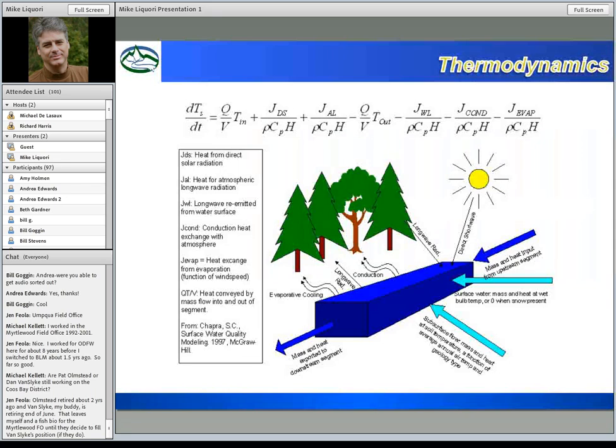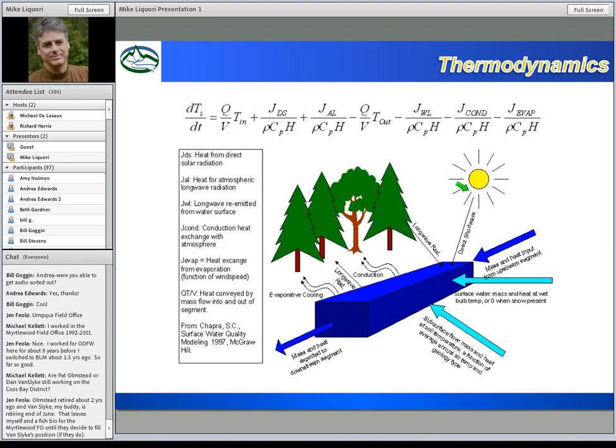Let me transition to heat exchange functions. Heat exchange in riparian communities is driven by thermodynamic processes. I won't go into this long equation in too much gory detail, but this is basically a physical law, the second law of thermodynamics. And we know that there are certain incoming and outgoing sources of energy that are affected by riparian communities. We have the amount of heat that comes in from direct solar radiation, which is net additive.